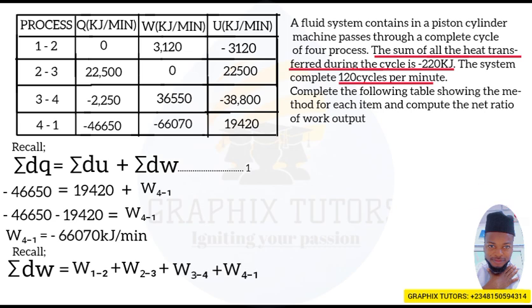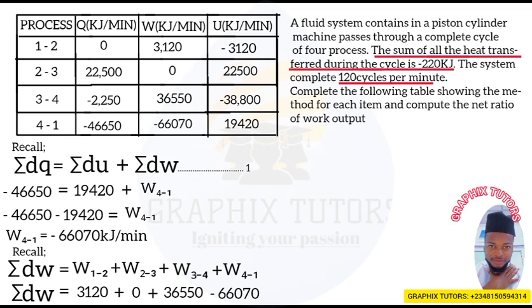So from here, we will now be having my summation of the W will now give me 3,120 plus 0 plus 36,550 minus 66,070. So if you do the needful, we are going to be having this to give us minus 26,400. Is that taken? So that is my value I have here, minus 26,400.